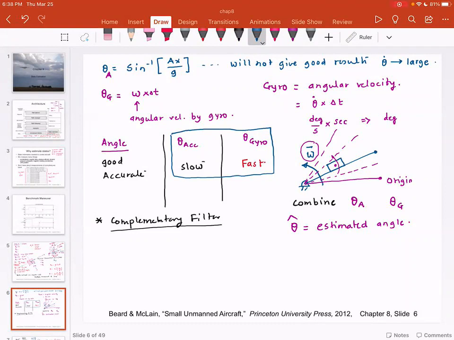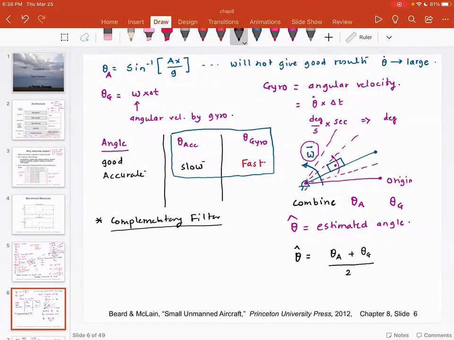So how would you do this? How would you combine? Here is, can I write this equation and then tell me if it makes sense? Theta hat is equal to theta A plus theta G divided by 2. Now, what that means is their average.